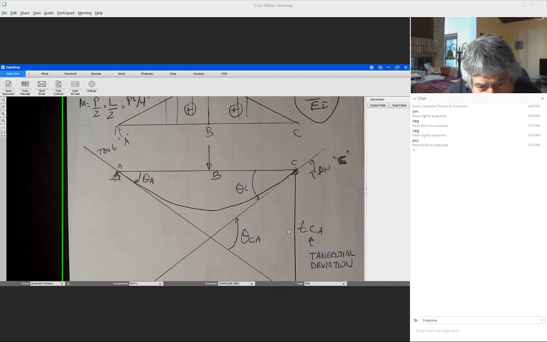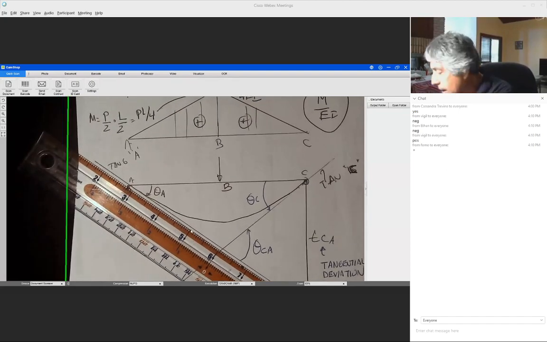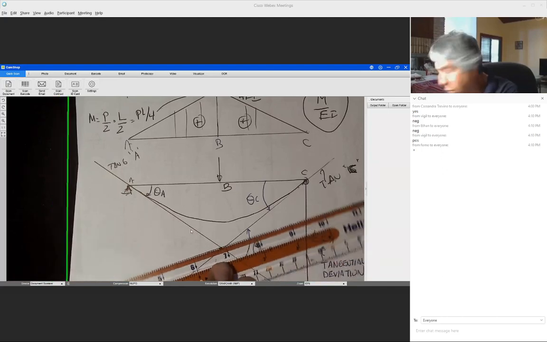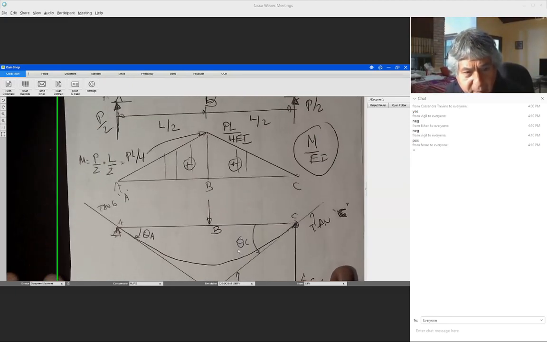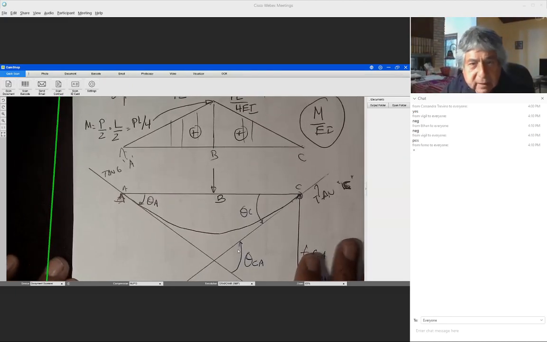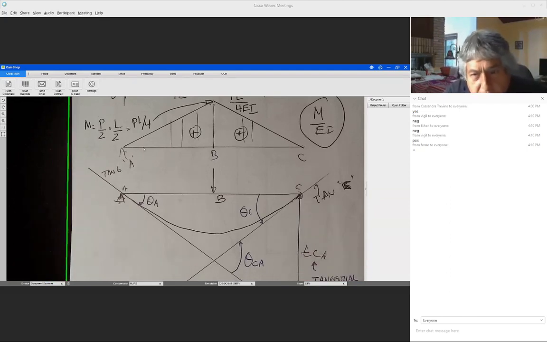So this theta CA is the change in slope between these two lines, because if I rotate this line this amount about this point, I get this tangent. So this theta CA is equal to the area under the M over EI diagram between A and C. This is point A and this is point C. So this angle, theta CA, is equal to all of this area.